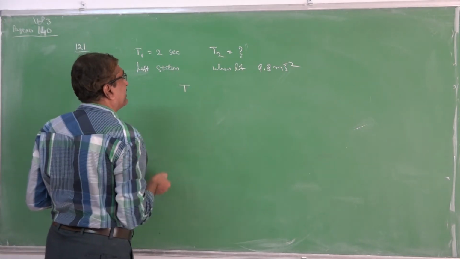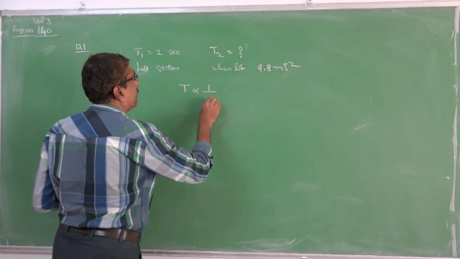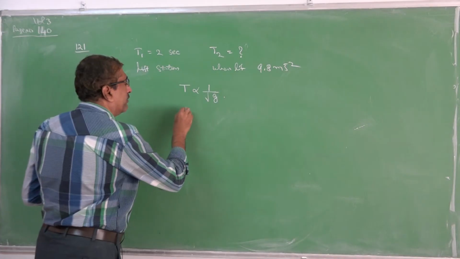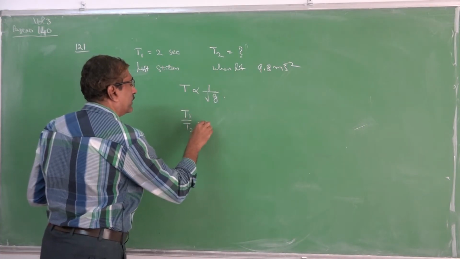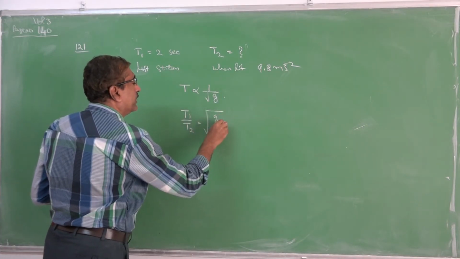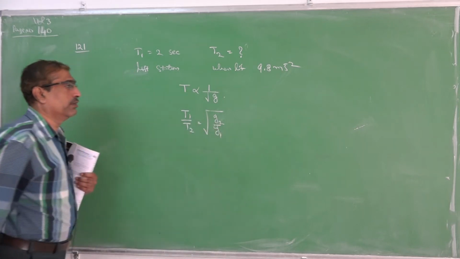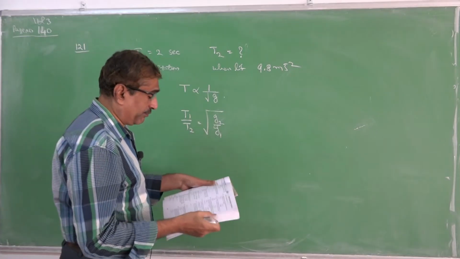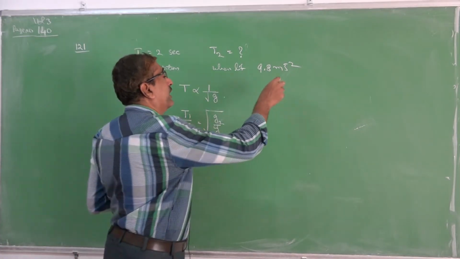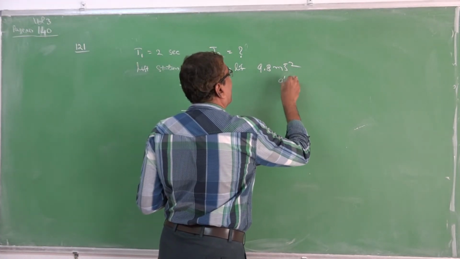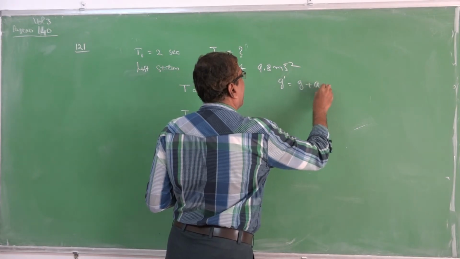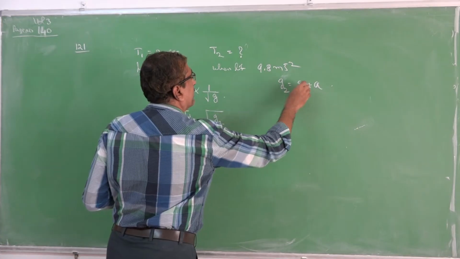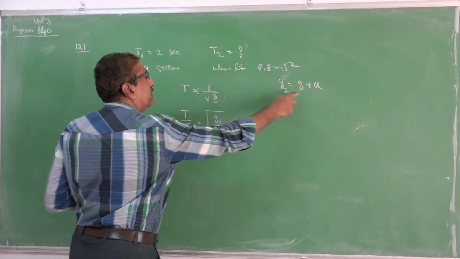Now, the time period of a simple pendulum is inversely proportional to root g, as we know. So T1 by T2 is equal to root of g2 by g1. But when the lift is moving upwards, instead of g we write g plus a. So g2 is equal to g plus a.